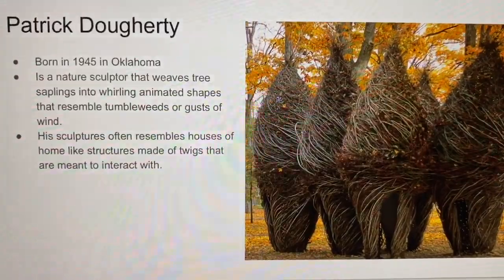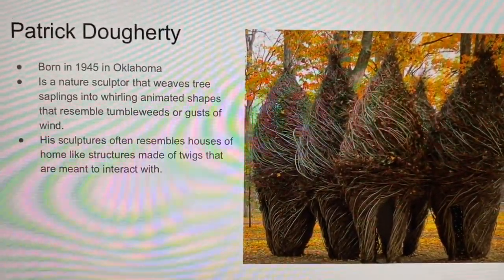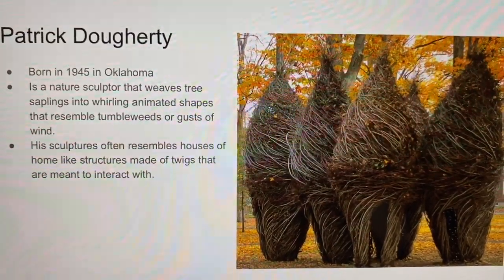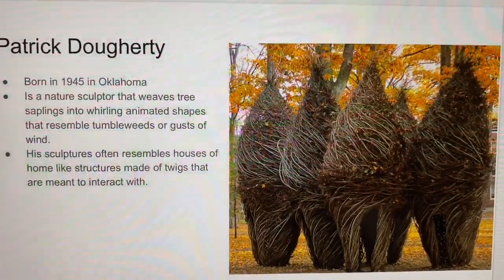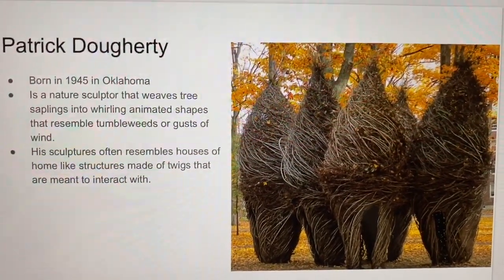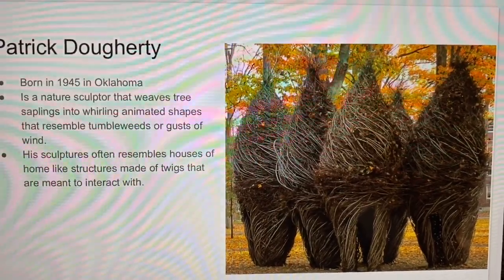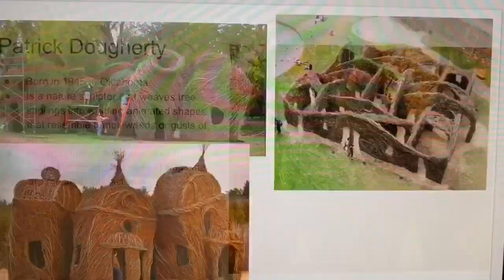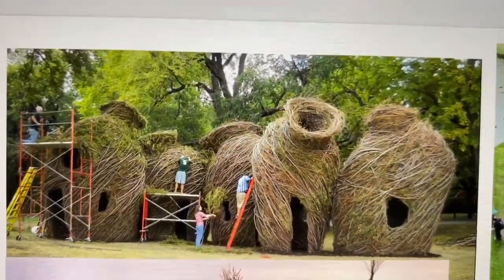Artist Patrick Dougherty was born in 1945 in Oklahoma. He is a nature sculptor that weaves tree saplings into whirling animated shapes that resemble tumbleweeds or gusts of wind. His sculptures also often represent houses or home-like structures made of twigs. You can see him and his team sculpting and creating them.